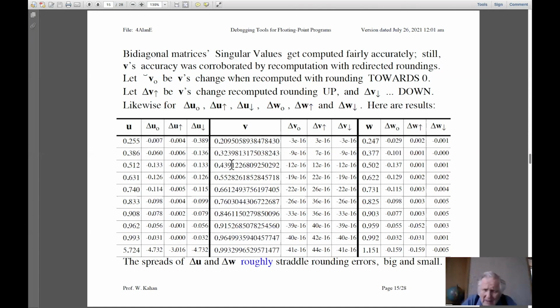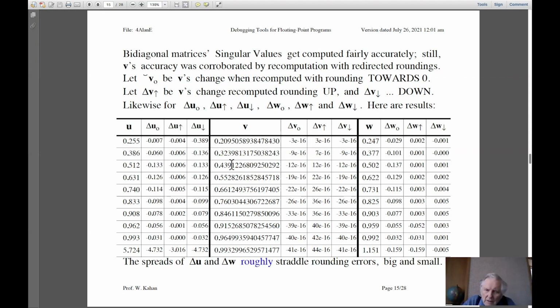So all you can say is that you've got a rough idea of the spread, which encompasses the variations due to round off.